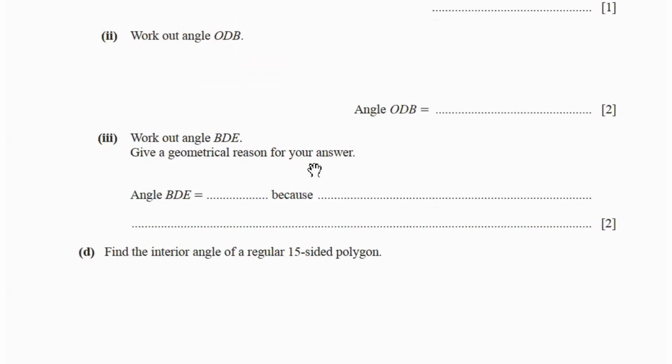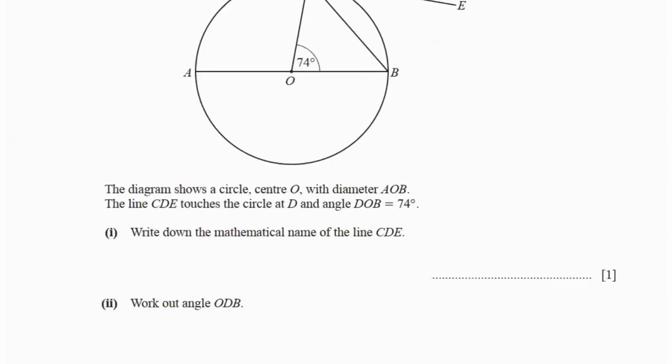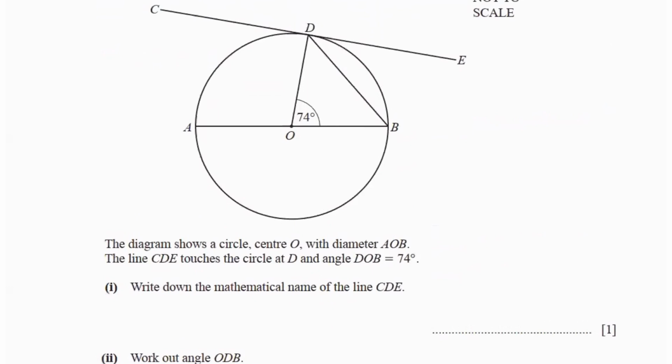Work out the angle BDE, give a geometrical reason for your answer. So BDE, this is the angle that they're asking us to find. Another thing about tangents and circles is that when a tangent is touching the circumference of the circle, the angle that it makes with the radius is always 90, which means this is a 90-degree angle.